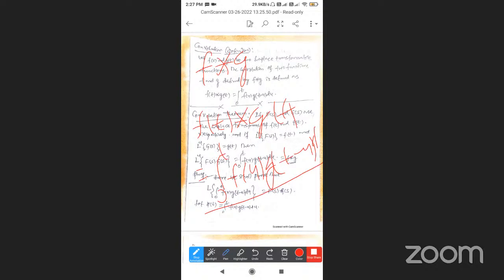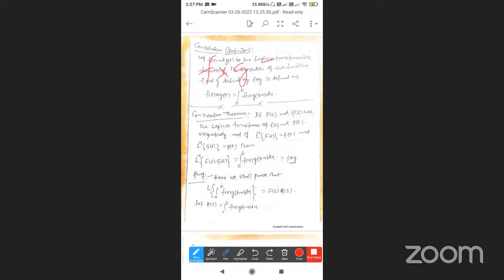This is the convolution product. What is the convolution product? F star g equals the integral from 0 to t of f of u into g of t minus u du. This is the convolution product definition.